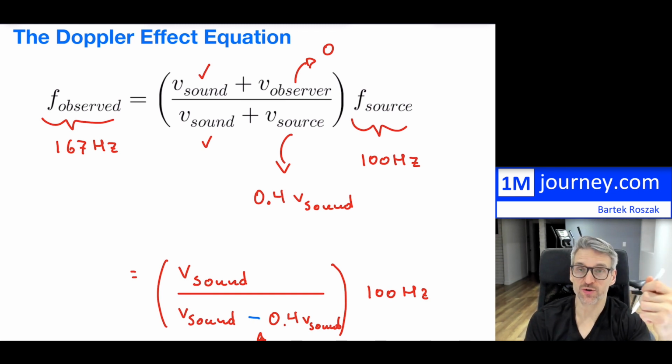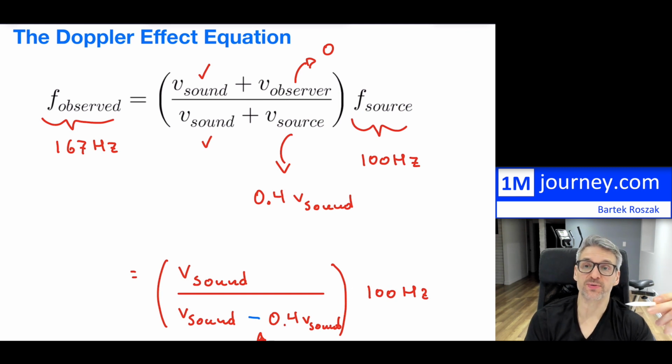If it's moving towards you, it should make it higher. So that would mean it's going to be negative. The denominator should get smaller, so that the fraction overall gets bigger. If it's moving away from you, the pitch actually will get reduced. So in that case, it will be positive.